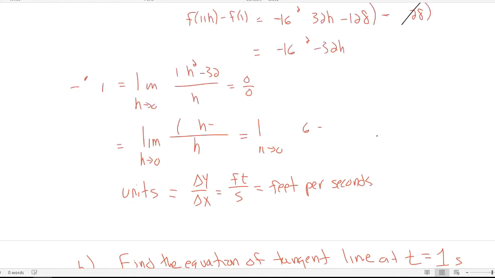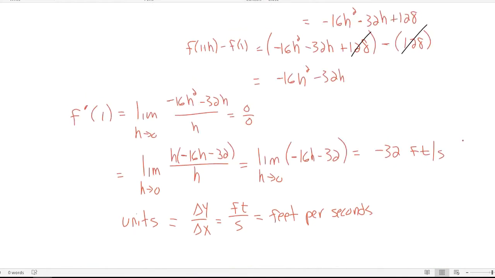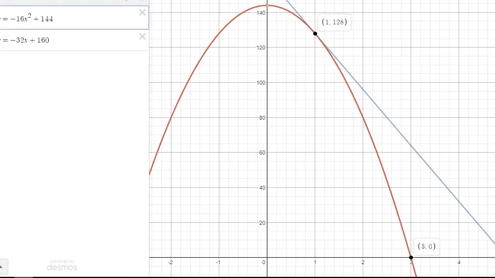Let me scroll back up here for a second. -32 feet per second. Keep in mind, technically this is -32 over 1, so this says for every 1 second increase in time, I'm falling 32 feet. So there's our visualization and our interpretation of instantaneous velocity.